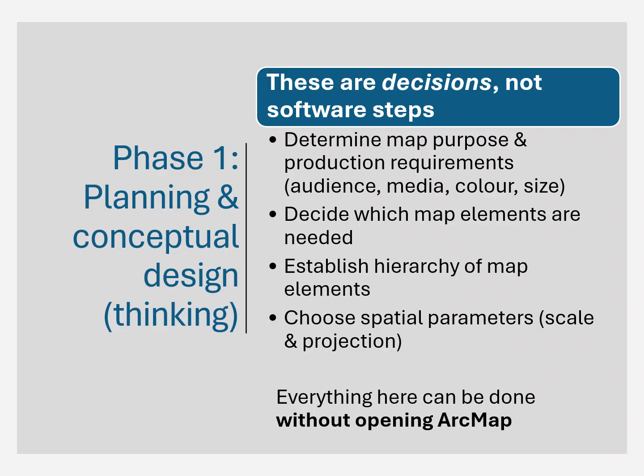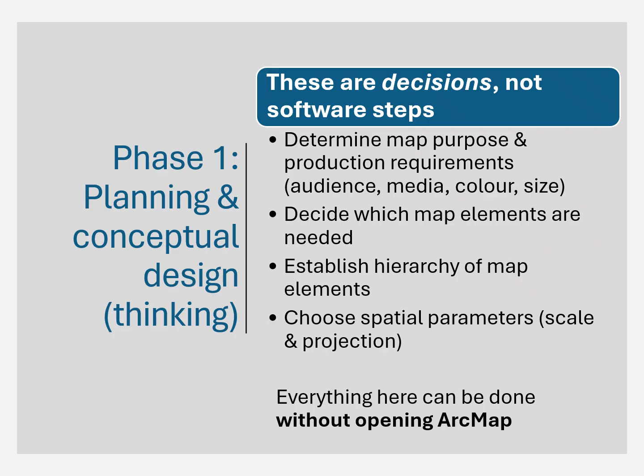Then you need to decide which map elements are needed for that purpose, for example the legend, title, north arrow, and some additional descriptive information. You may need inset maps, or a zoomed-in subset of the map. You need to decide these and establish a hierarchy of the map elements.